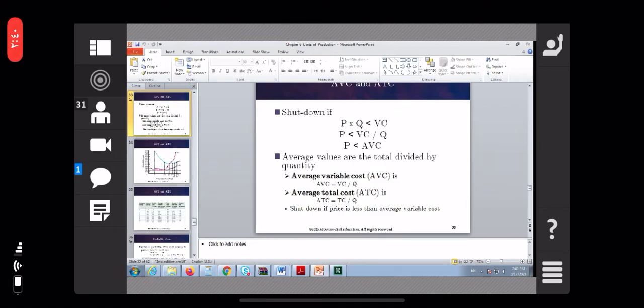Average values are the total divided by the quantity. The ATC is less than the average variable cost.